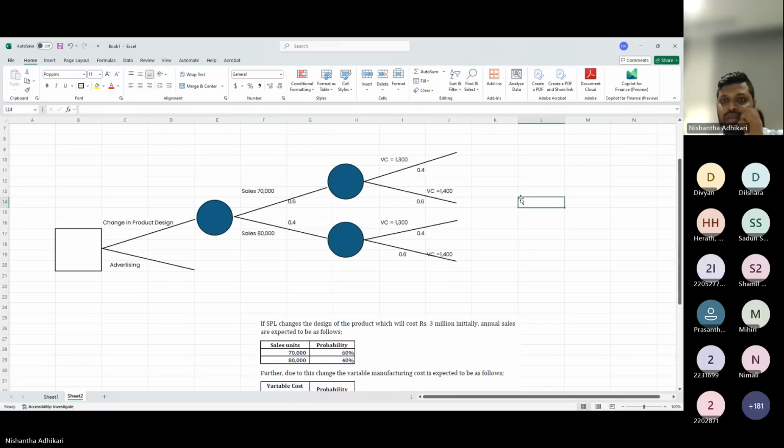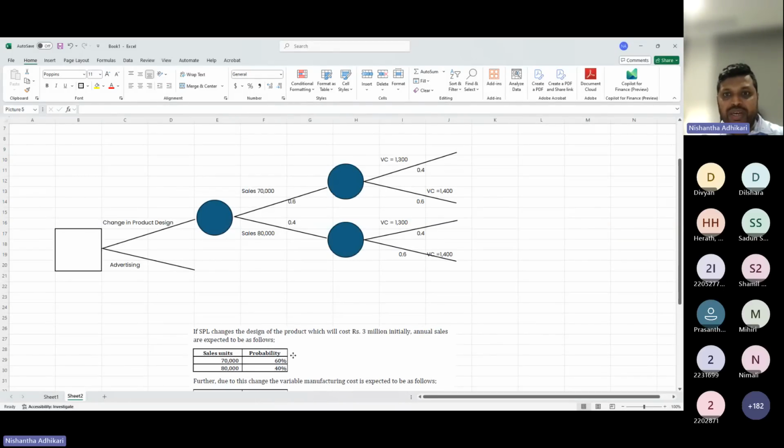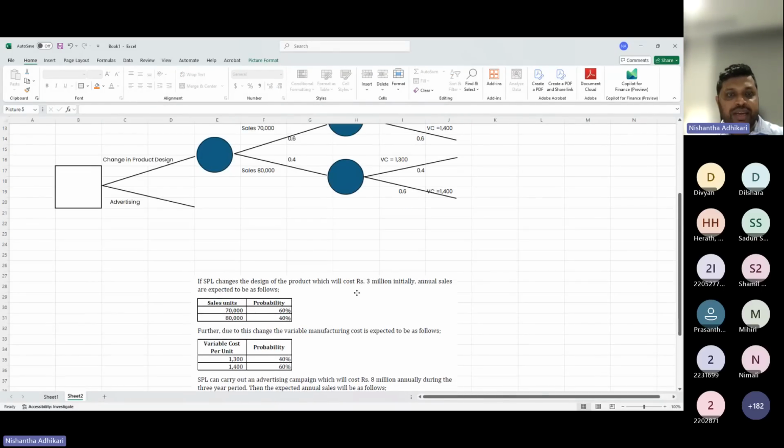Right. Now one branch is completed. If I want to work out, I will name this as outcome 1, 2, 3, 4. Then advertising campaign, I will work out here itself.